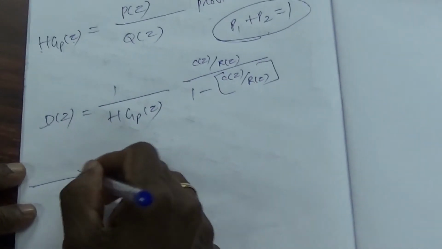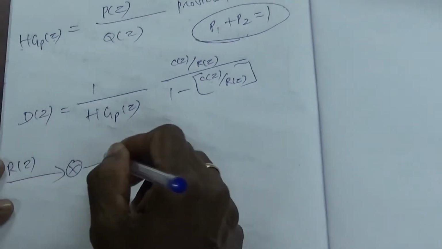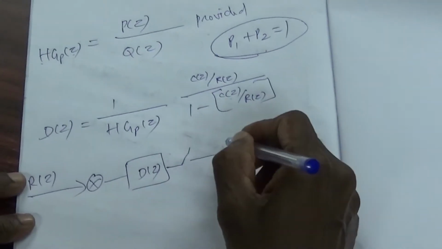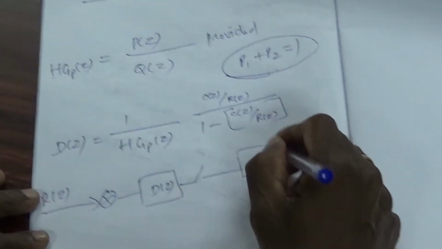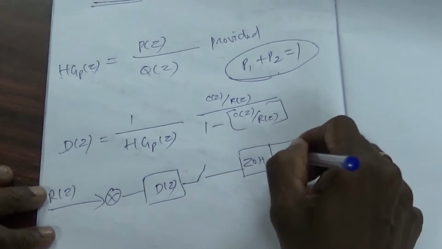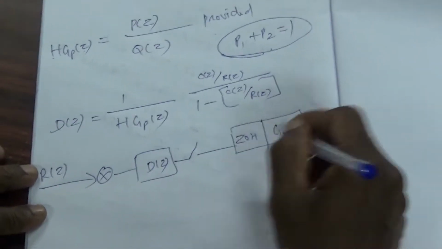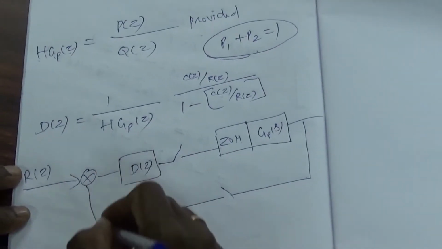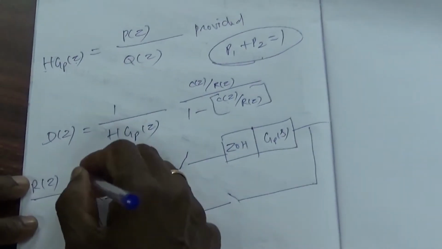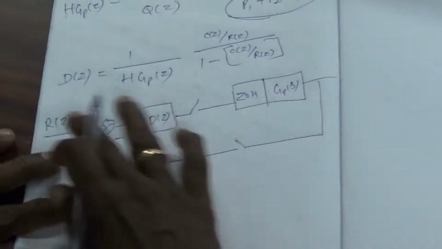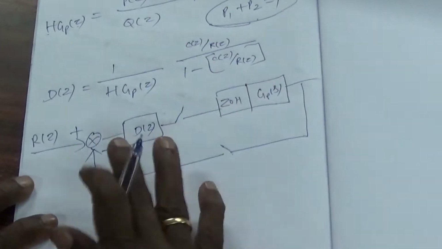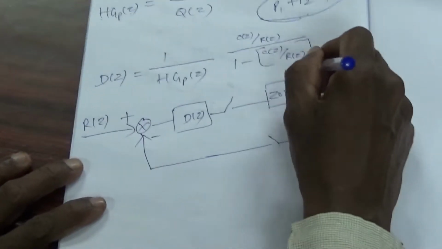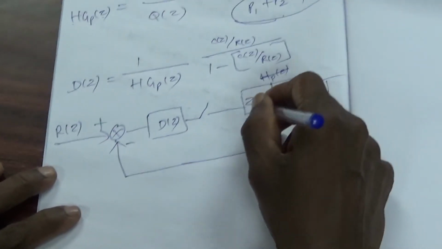This can be derived like this: r of z, d of z, sampler, then zero order hold, GP of s, then the output is again sampled and through ADC it is given here. So therefore the closed loop transfer function of this can be written as HGP of z. This is h of s.